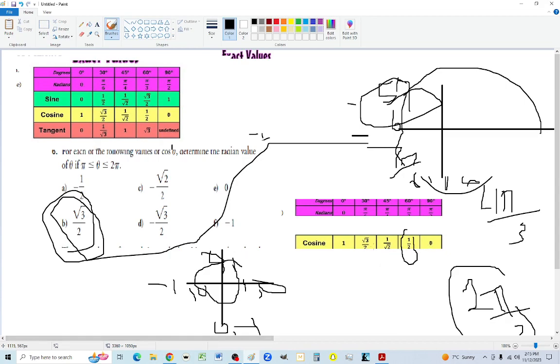So if I look at that and ask myself, where do I see 0 for cosine? It would be the first value. So I see it up here and down here. So what are these? That's pi over 2, and that's 3 pi over 2. Both will result if I punch in cosine of 0.